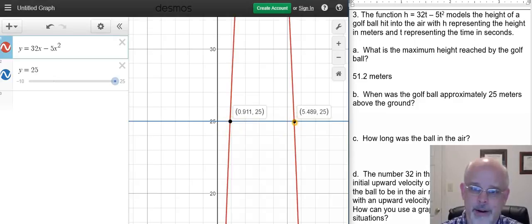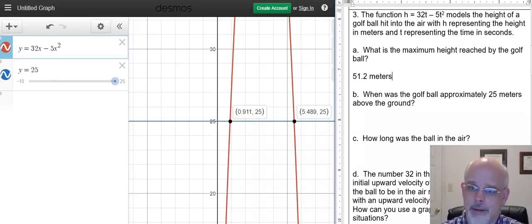And same thing over here. And it's told me the 2 times the ball is 25 meters high. One is 0.91. So I'll type that in, 0.91. And the other time it's 25 meters high is 5.49 seconds.